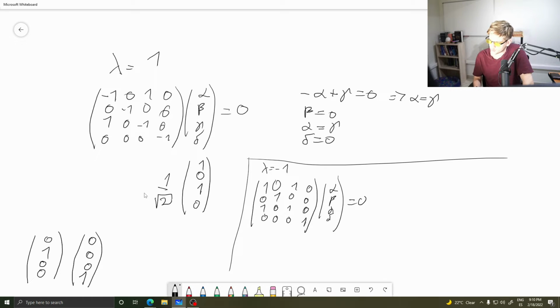And as before, beta has to be equal to delta, which is 0. Both of them have to be 0, right? From the second and fourth condition. And this time we get that alpha has to be equal to minus gamma. So basically, we need some state where the second and fourth entries are 0, and where the first and third are opposites of one another, right? They are minus of one another. So we could choose 1 and minus 1. And of course, we have to multiply to normalize it.